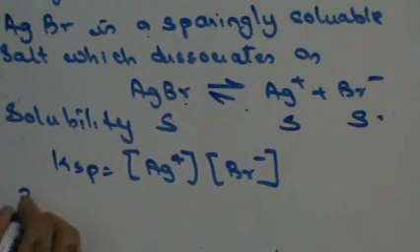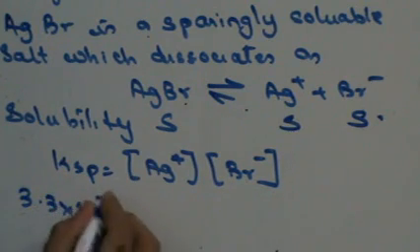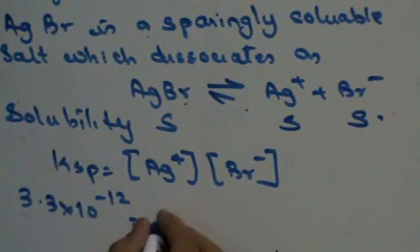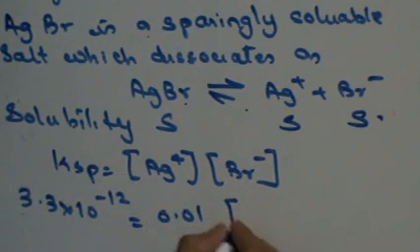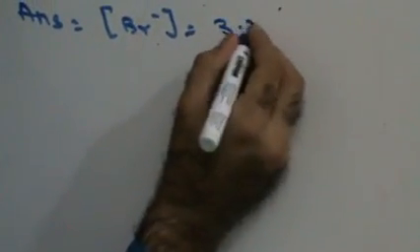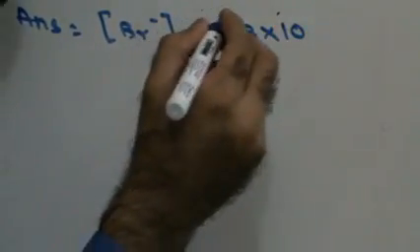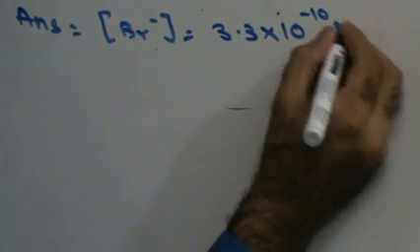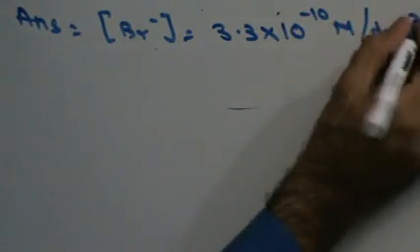Solubility product is given to you as 3.3 into 10 raised to minus 12. Active mass of silver is given to you as 0.01 into bromide. Right? Simplify this, you will get your answer. You will get the answer for this as active mass of bromide should be 3.3 into 10 raised to minus 10 moles per decimeter cube.